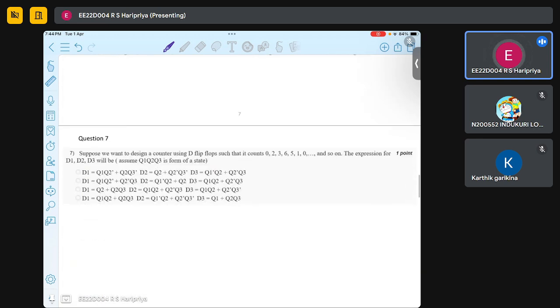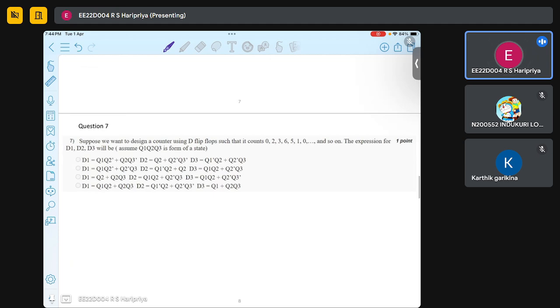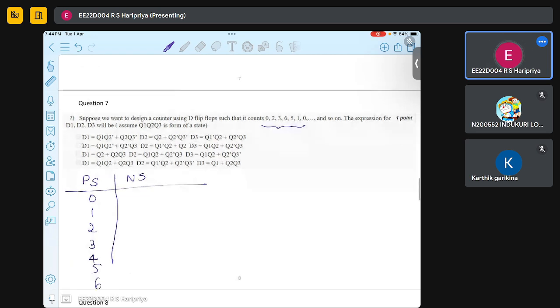Next question. Suppose we want to design a counter using D flip-flop such that it counts this sequence. So the expression for the given D. Again, present state. What will be the next step? So D flip-flop, so directly it will be that. 5, just it is 2, which is 0, 1, 0, 0, 3, 6.